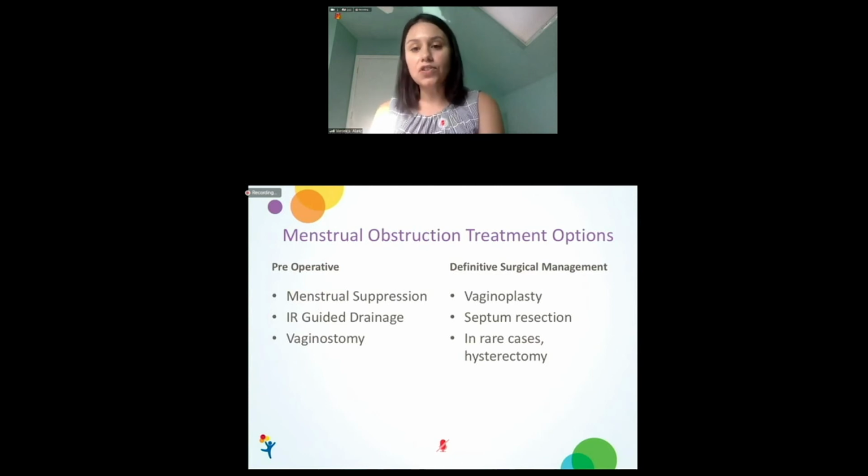The definitive surgical management for menstrual obstruction is, depending on the situation, vaginoplasty if there's concern for scarring in the vagina. If there's a septum that's blocking the outflow of menses, then resecting that septum. And in very, very rare cases, when a vaginoplasty or septum resection is not the best option, removing the uterus.